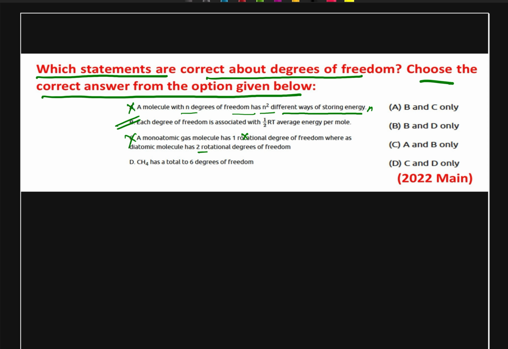And D states that CH4 has a total of 6 degrees of freedom. Our CH4 is basically a polyatomic, and it is non-linear, as it is tetrahedral. So it is going to have 3 translational and 3 rotational.